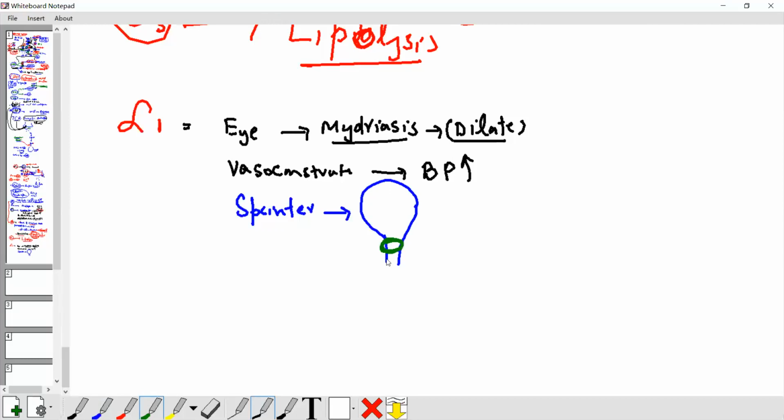The internal sphincter has alpha 1. So if you contract the smooth muscle here, what happens? It closes. So can you do micturition? No. Urinary retention. Alpha 1.